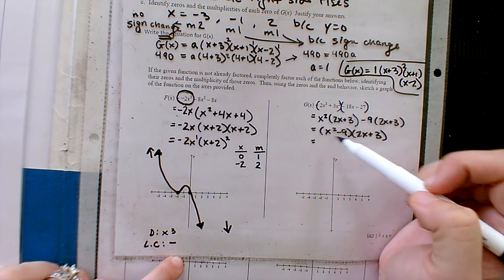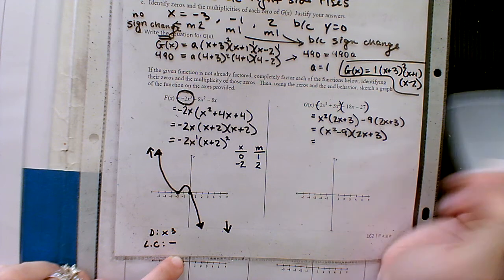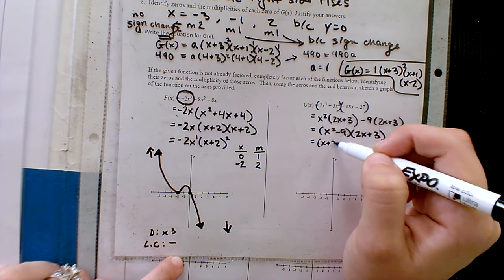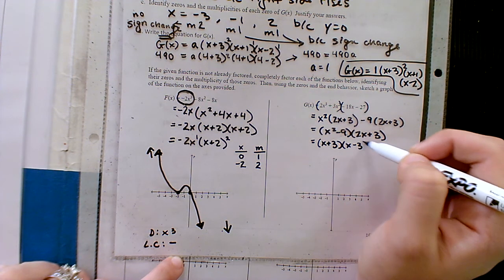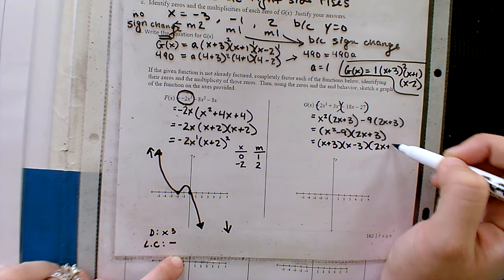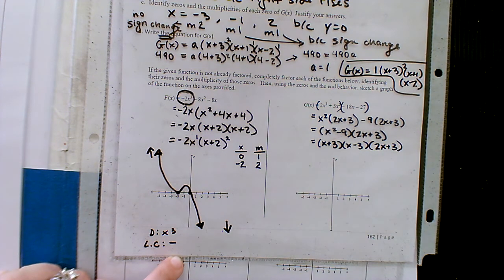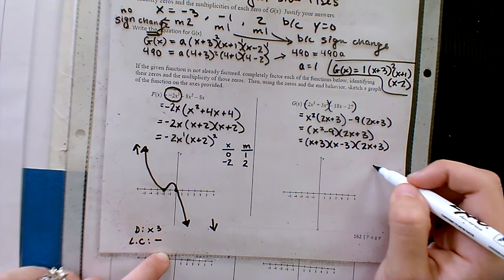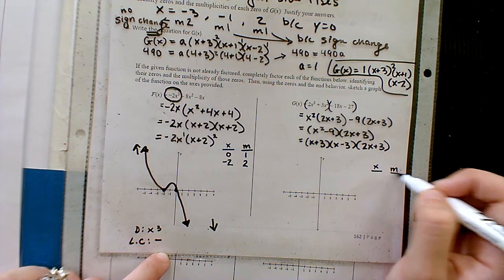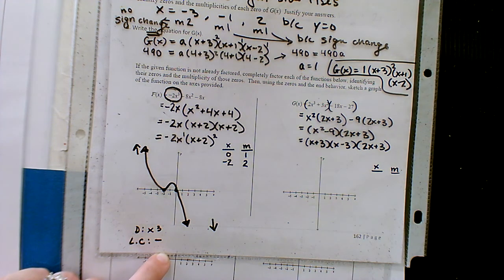Do we see the difference of squares for the x squared minus 9? All right, so x plus 3, x minus 3, and then 2x plus 3. Let's go ahead and list x-intercepts and multiplicities.